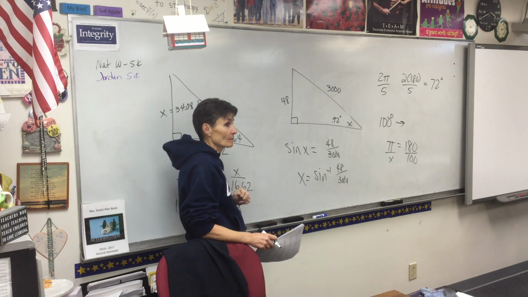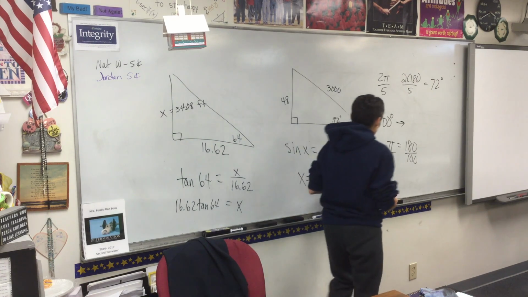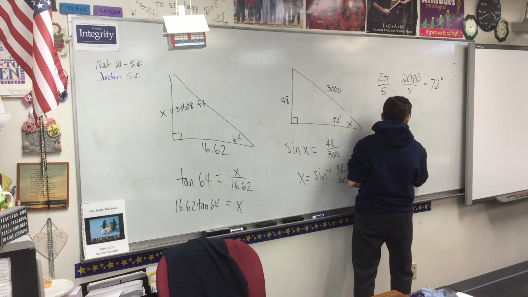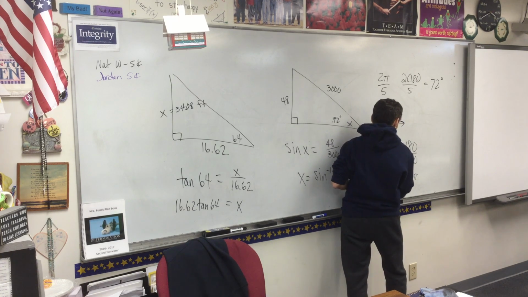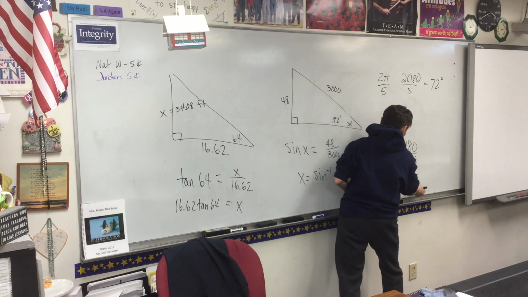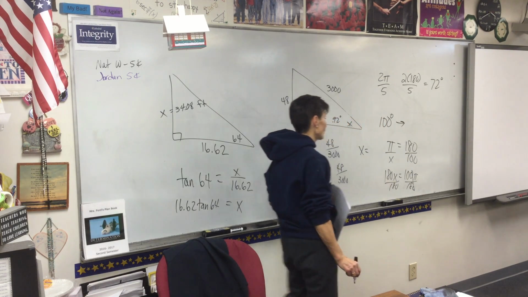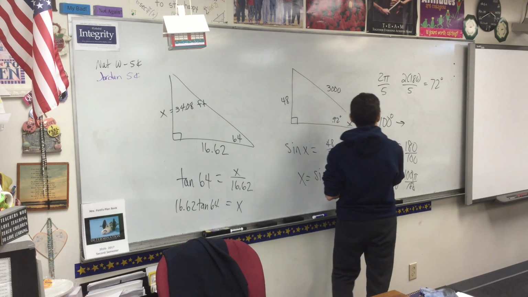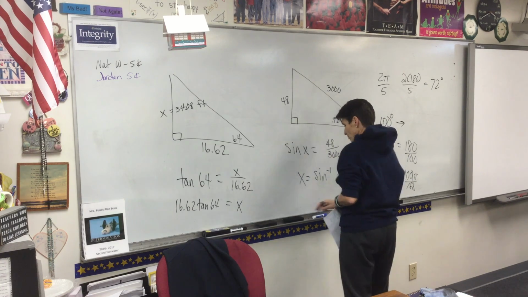Right? And then we'll cross multiply, so 180x equals 100 pi. So you cancel the zeros. Now I got 10 over 18, 5 pi over 9. So your answer is 5 pi over 9.